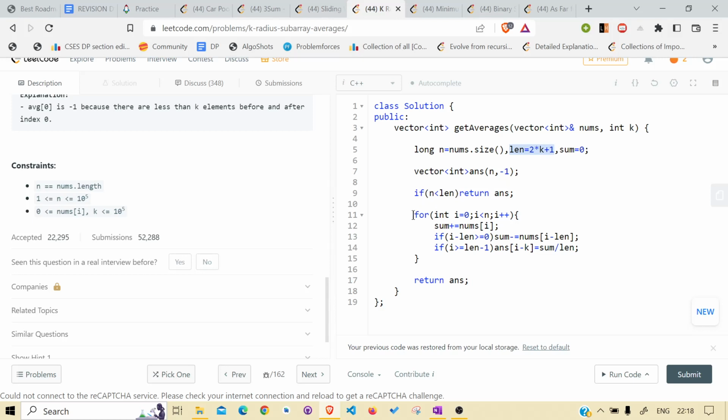Basic loop, prefix sum. If i minus length is greater than or equal to 0, what is this?